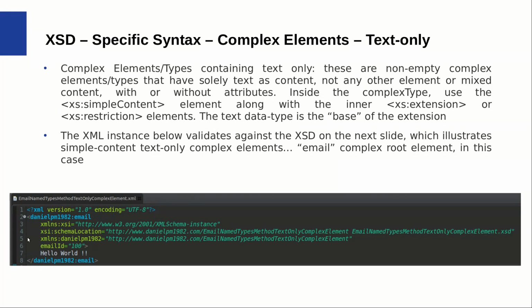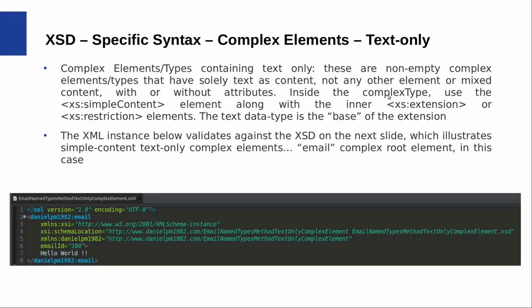For example, we want to validate this email element, in this case a root element, with only this text info as content, as well as an attribute. We don't want the XSD to validate any content using elements or mixed content or even empty content. What we want is that it validates content only if the content is a text.